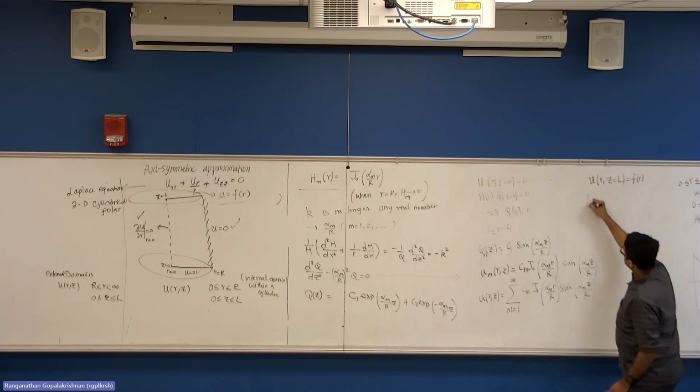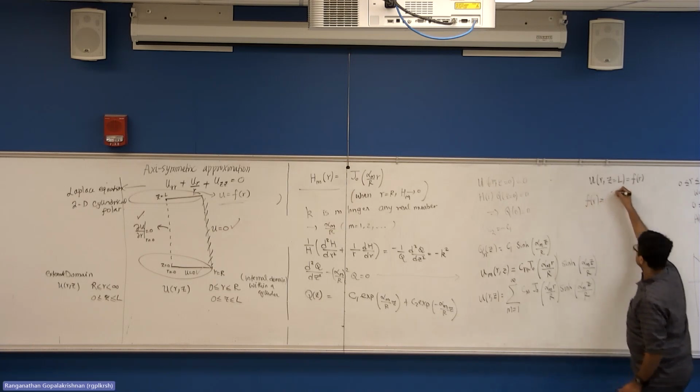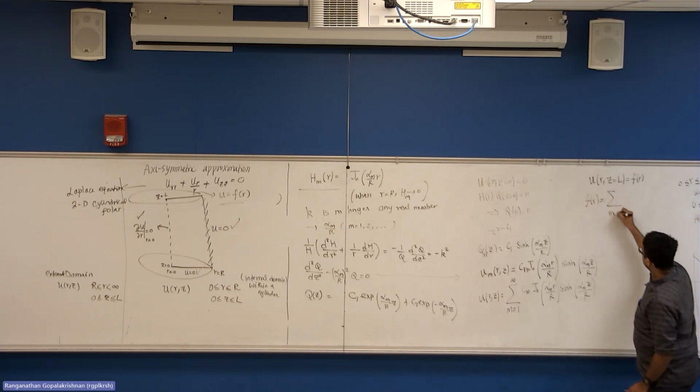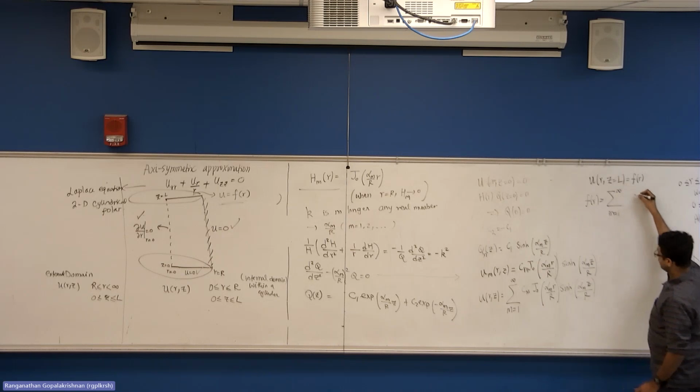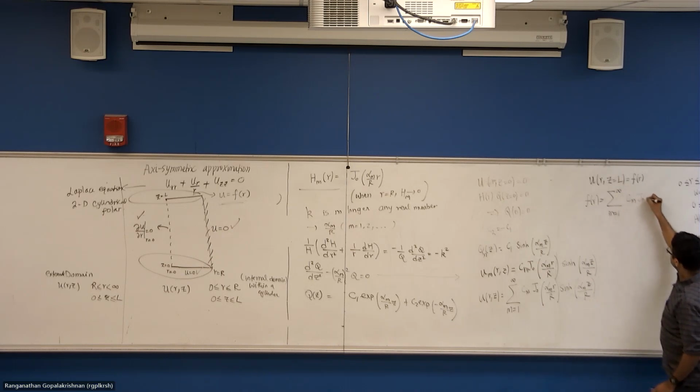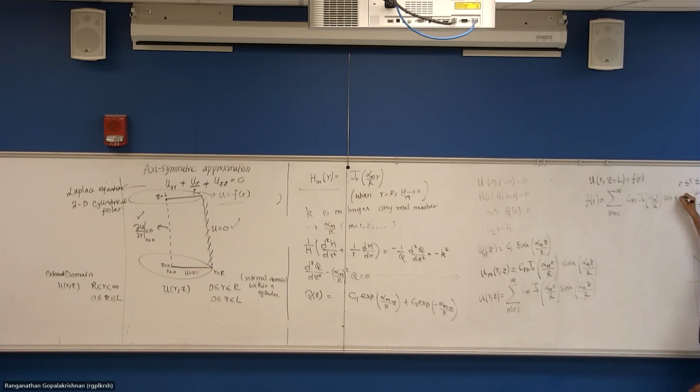Then we can write f of r is the summation m equals 1 to infinity of C_m J naught of alpha m r over R sinh of alpha m L over R.